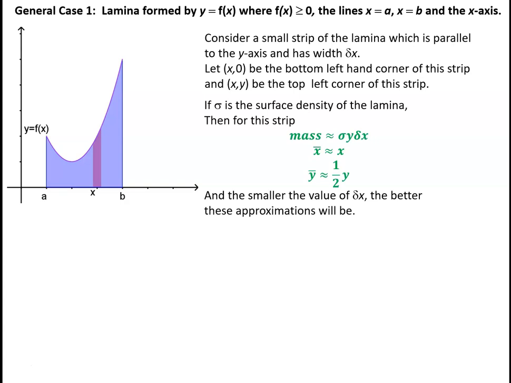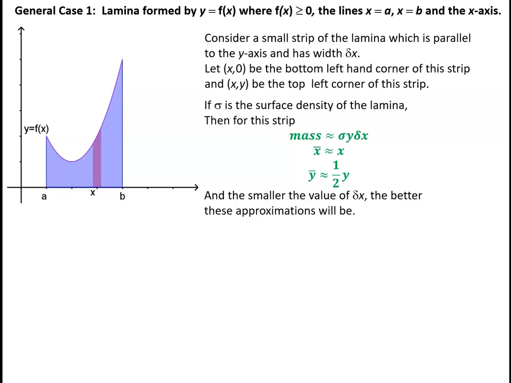If sigma is the surface density of the lamina, then for this strip, the mass is going to be sigma times the area of the strip, and provided the strip is reasonably small, it's going to be very close to being a rectangle, so the area of that rectangle is going to be y delta x. So we can say that the mass of the strip is approximately sigma y delta x.